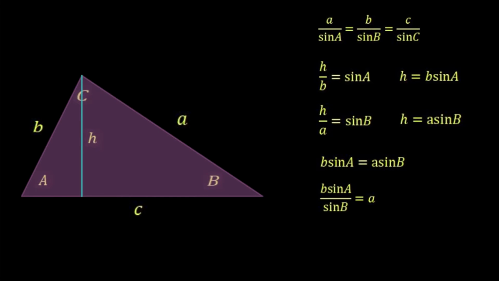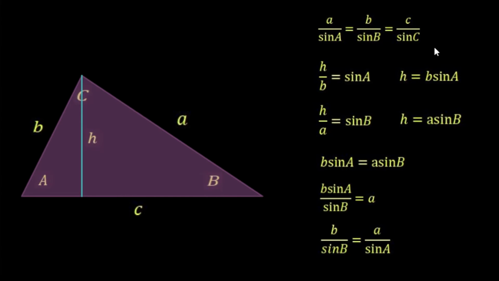We can then divide throughout by sine A, and this is going to give us b upon sine B would equal a upon sine A. So we have shown the first two parts of this.